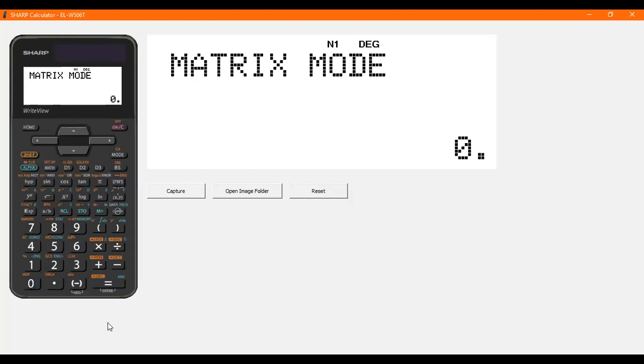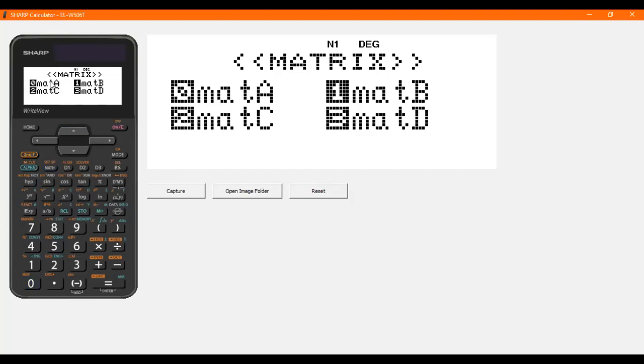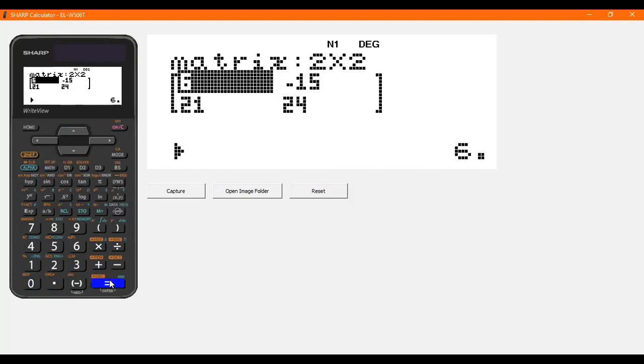Okay, now let me show you the long way first. If I wanted to work with that matrix that I've stored, I would press math, choose 0 for matrix, and then again we used matrix A, so I would press 0 again. Now if I wanted to do a scalar multiplication, I would just say times 3 is equal to, and then it will give us this matrix.